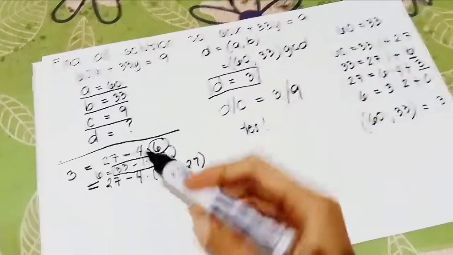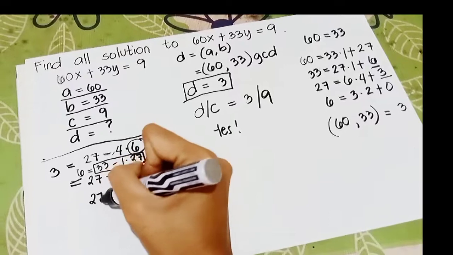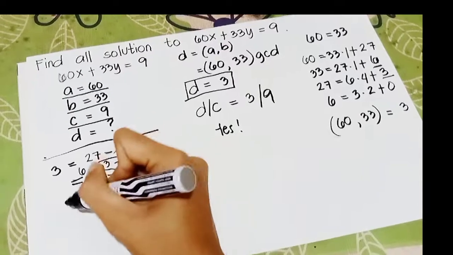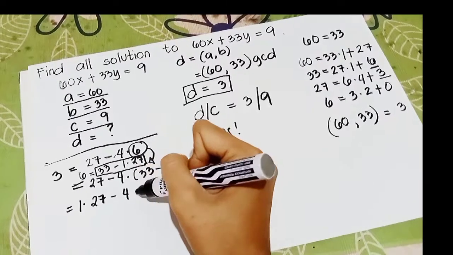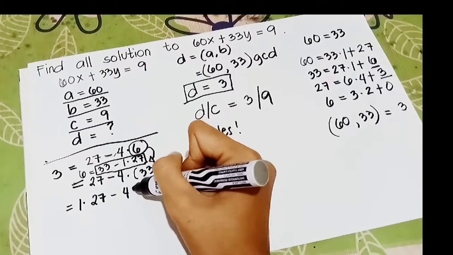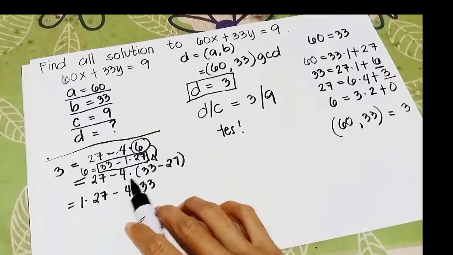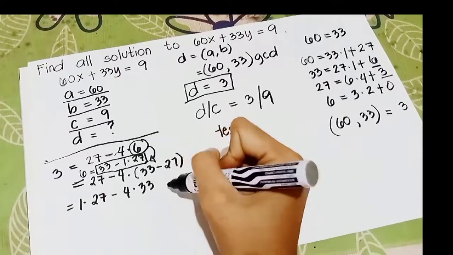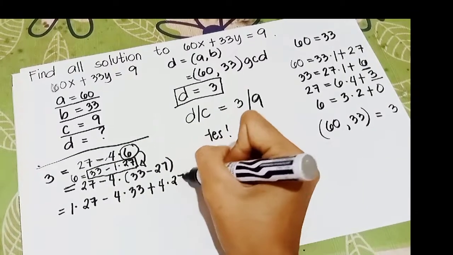Next, we have 27, 1 times 27, minus 4 times 33. So, distribute the value. So, 4 times 33 plus 4 times 27.